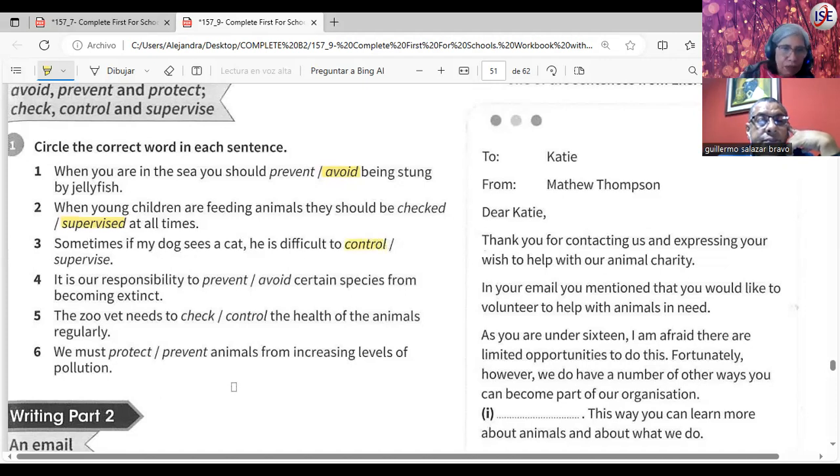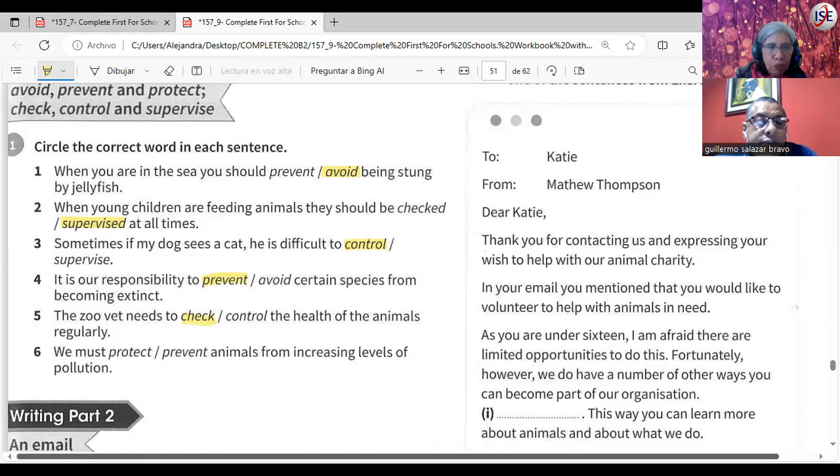It is our responsibility to prevent certain species from becoming extinct. To prevent. The zoo vet needs to check the health of the animals regularly. Check.